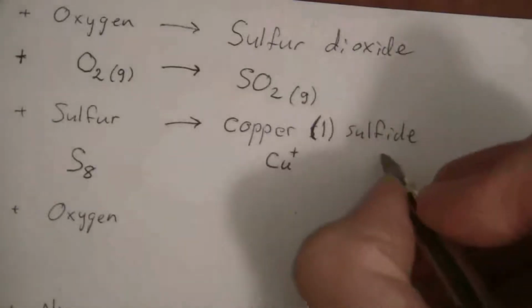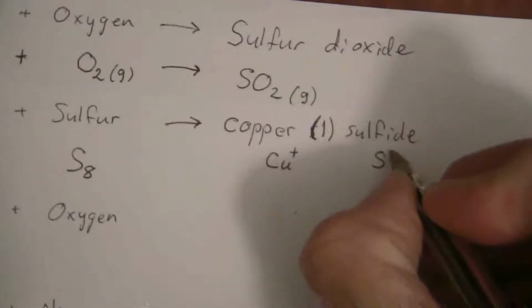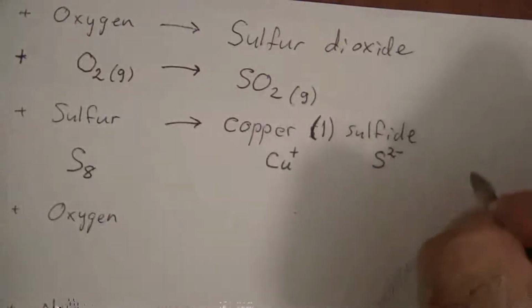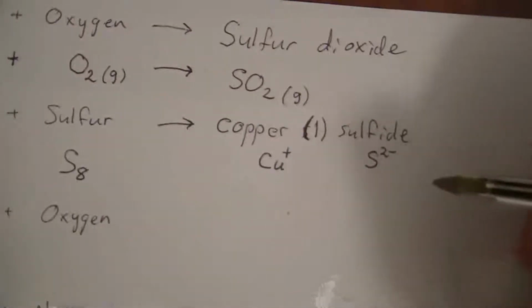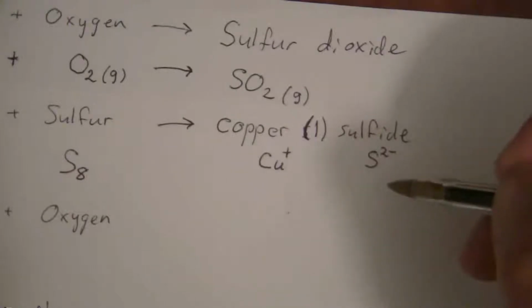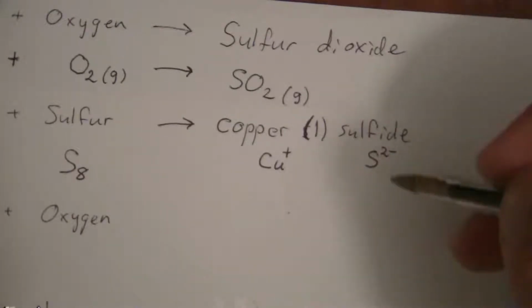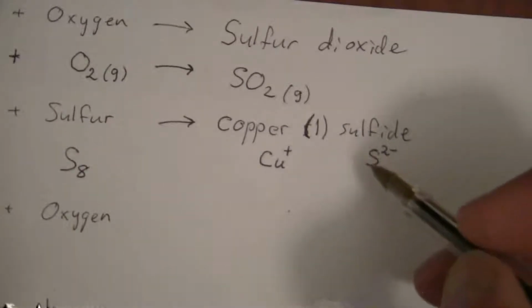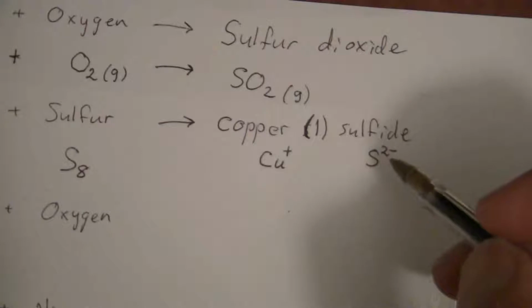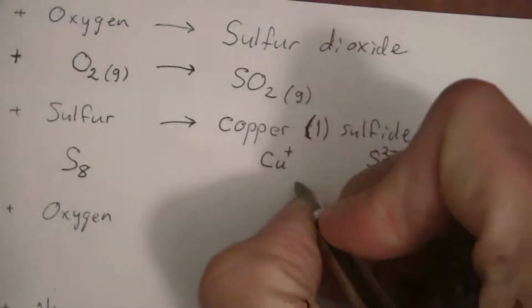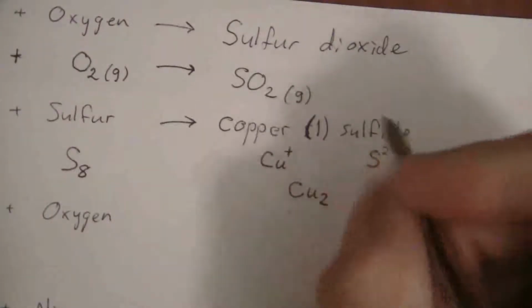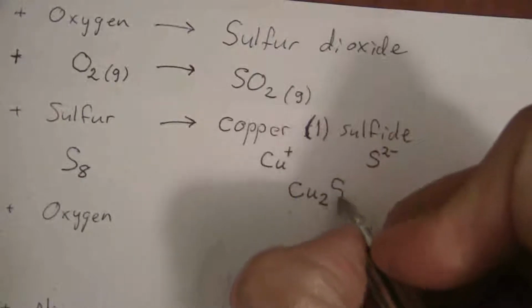Then the sulfide: if you look on the periodic table, you'll find that sulfide is 2 columns away from the noble gases, so it wants to be like argon. It has to pick up 2 electrons and become a -2 charge. So the formula here will be Cu2S.